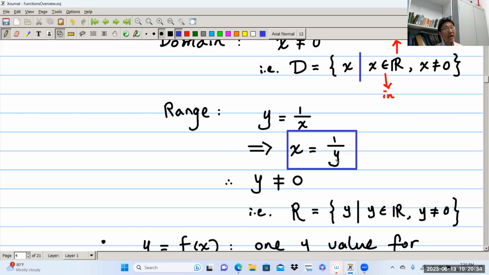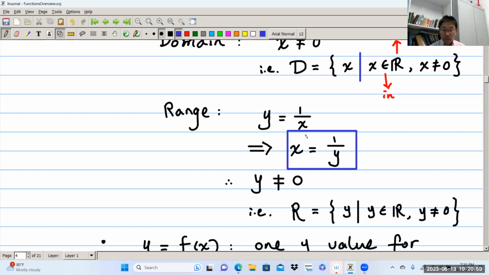For each real number, you can find the corresponding x as the input to produce that y. For example, if y equals 2, what's x? X is half. To get 2 as the output, I use half as the input. Clear? And if y is equal to half, then x is equal to 2. If I want to get a half as the output, I use 2 as the input.